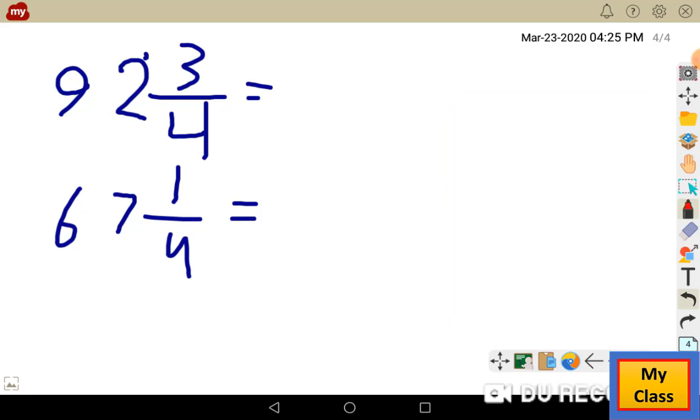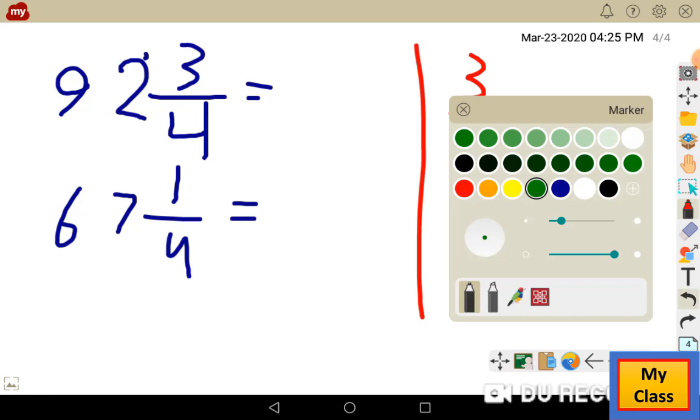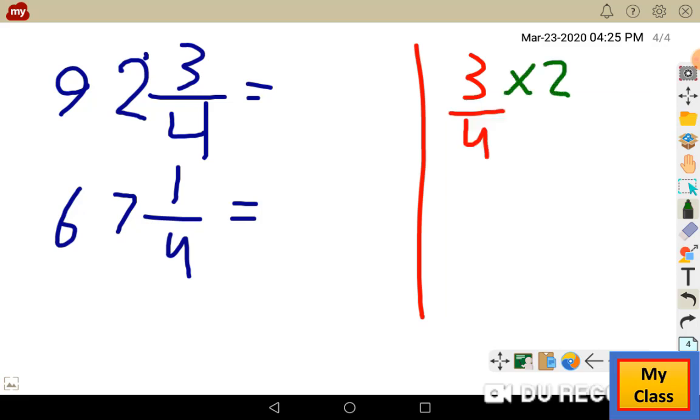The rule here will differ a little. When I get a fraction, I don't care about it unless it is to the nearest unit. If it is to the nearest 10, I have no problem, I choose the 9 and ignore the others. But here I have 3 quarter. What do I do? The simplest thing is to do the following. I have 3 quarter, so I do numerator times 2 equals 6, then I compare 6 and 4. Here 6 is more. If what you got by multiplying by 2 is more, we add one more.